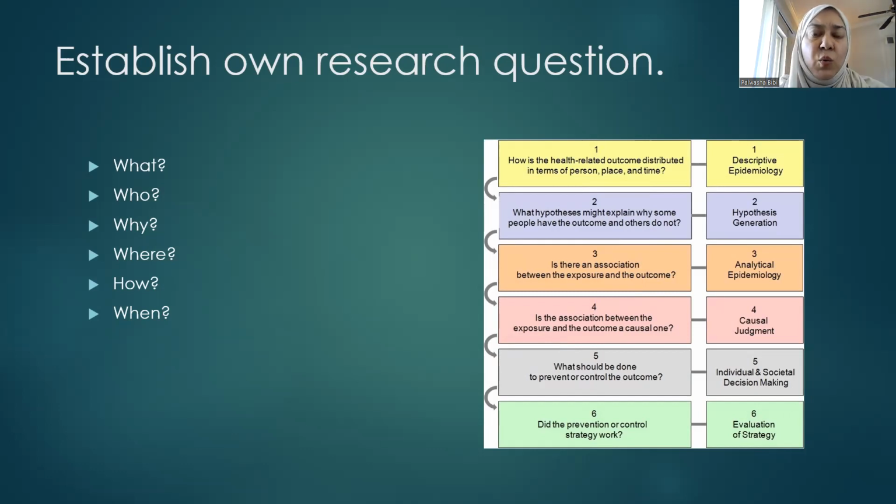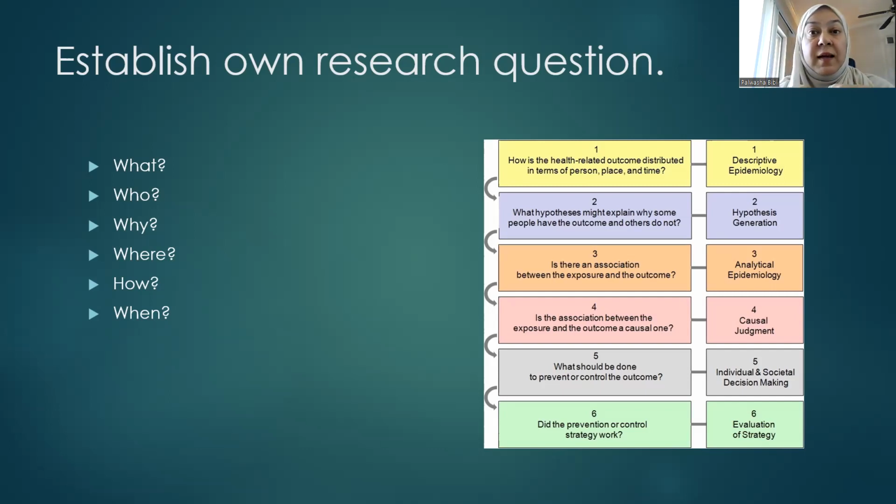This is a disease that only affects old people. This is a theory. Then this hypothesis or theory is tested in the population, and that is hypothesis generation research. Then there is analytical epidemiology. Is there an association between exposure to X and the outcome Y?